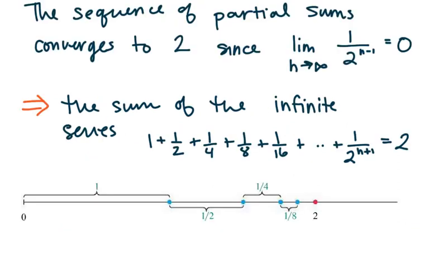And I grabbed this visual to help us think about adding these terms, 1 plus 1/2 plus 1/4 plus 1/8. You notice they're getting smaller and smaller, so it's maybe a little bit easier for you to see. As those terms become significantly smaller in size, we can generally assume we're going to have a convergent series.